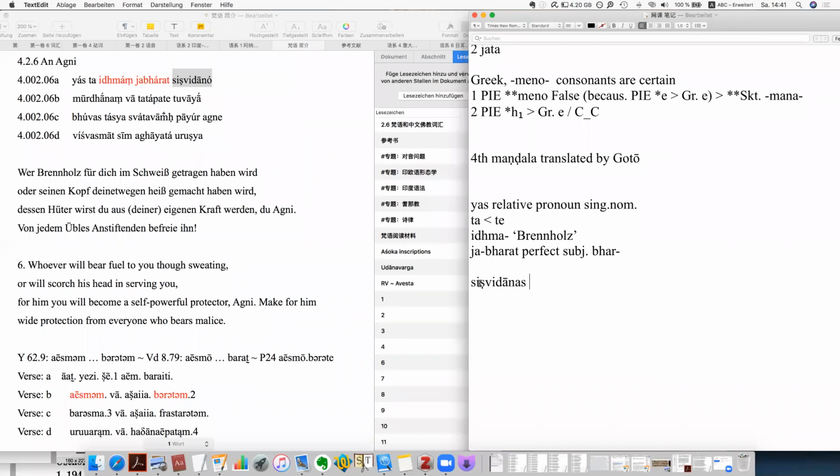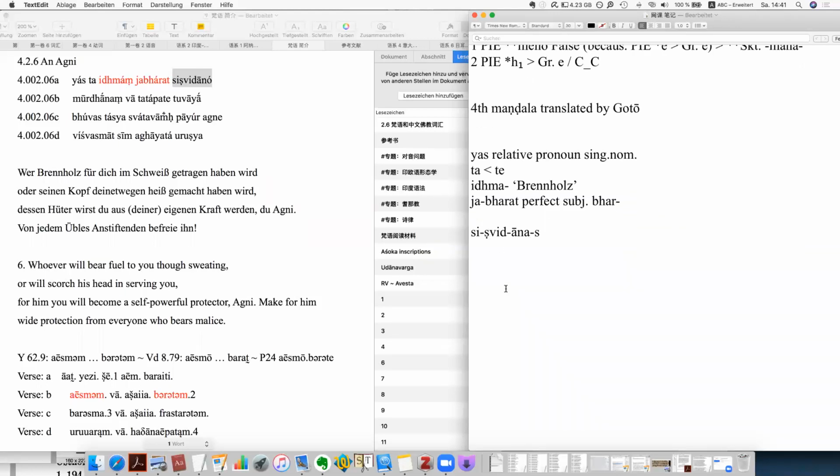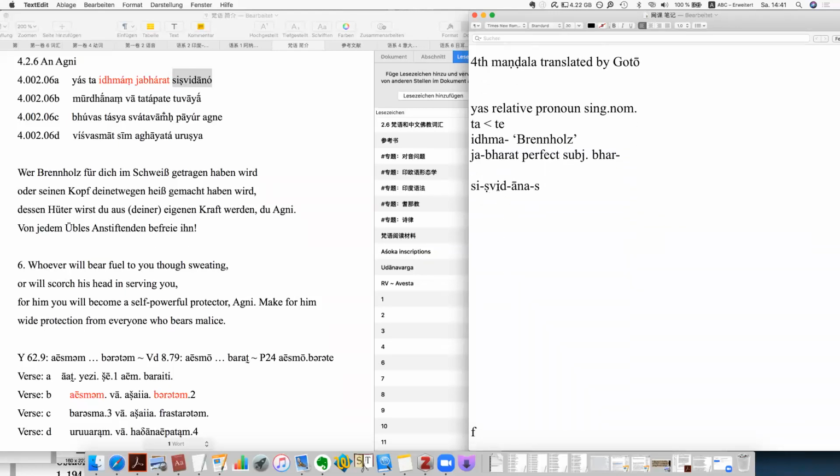So shishvidana, again, it is reduplicated and also the middle participle, right? And comes from the root sweit, or swit. And this swit is actually cognate with sweat. So 流汗, sweating.